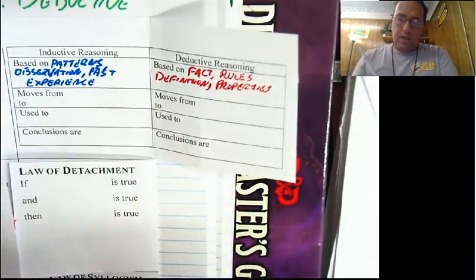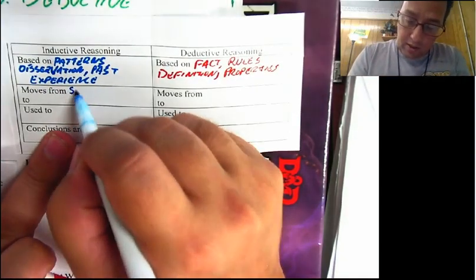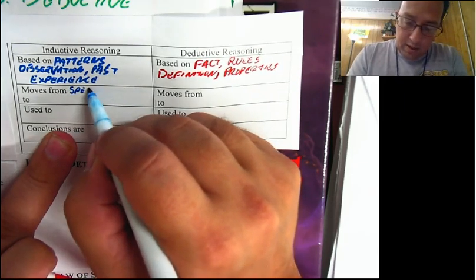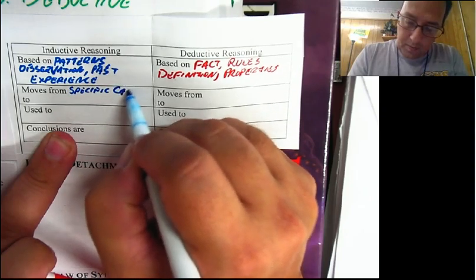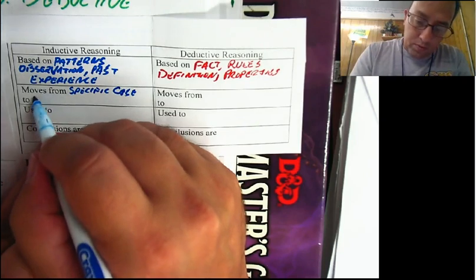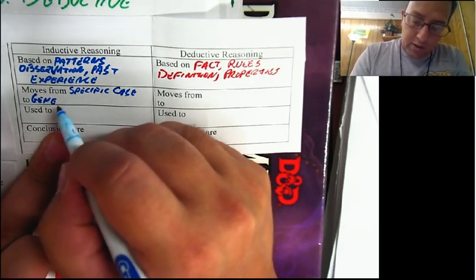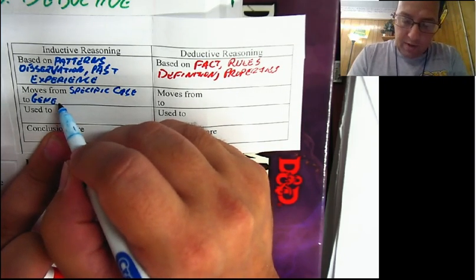All right. Inductive moves from specific cases. Last Friday, the Friday before that, the Friday before that. Specific cases to a general rule. So since it worked every other Friday, it started to happen these last 5 times, so it's going to happen every time.